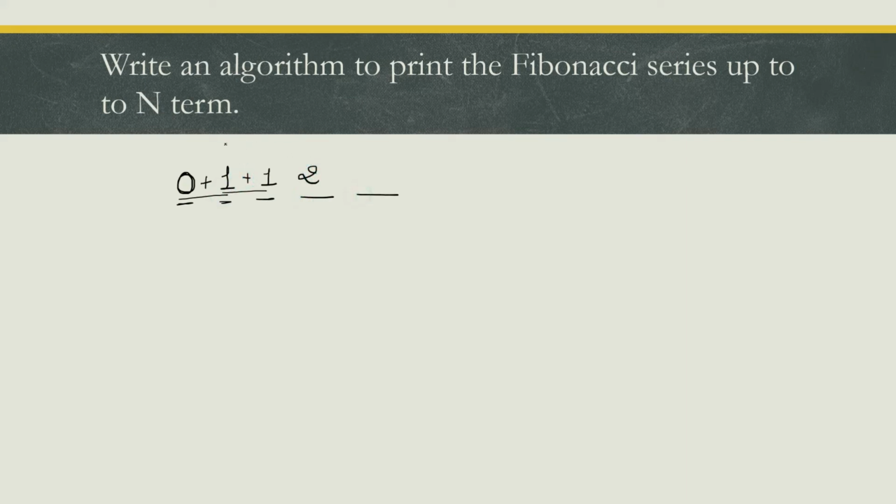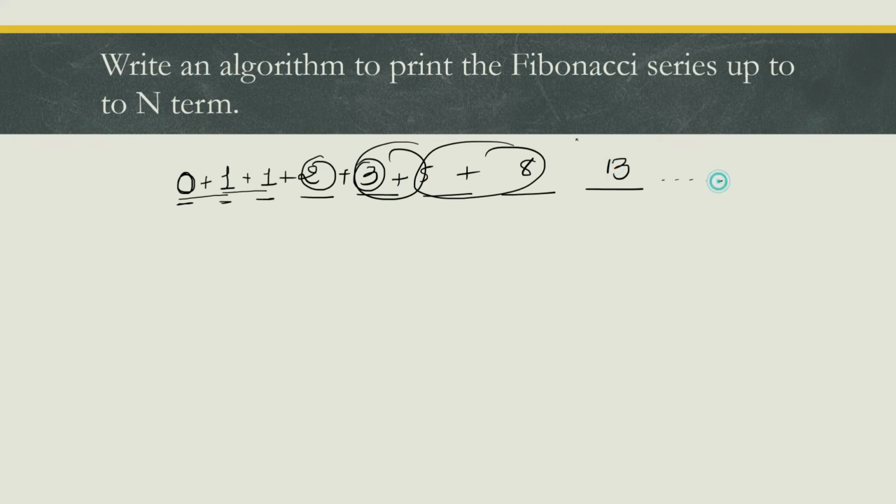What is the fifth term? 1 plus 2, 3. Then find the sixth term. You have to add these 2 numbers, 2 plus 3, 5. Then find the seventh term. 5 plus 3, 8. What is the eighth term? 5 plus 8, 13, and so on.